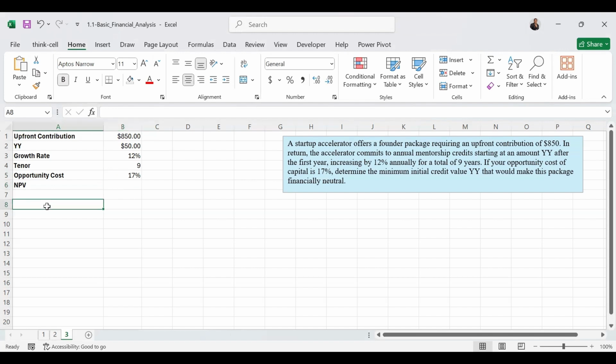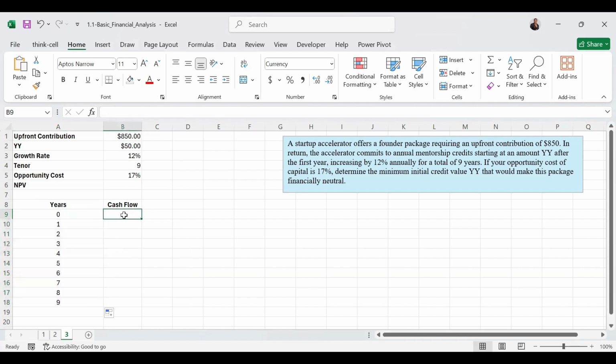Now, the next thing that we are going to do is to get our years and our cash flow. For years, we are starting from 0, 1, 2, 3. Now fill the series.